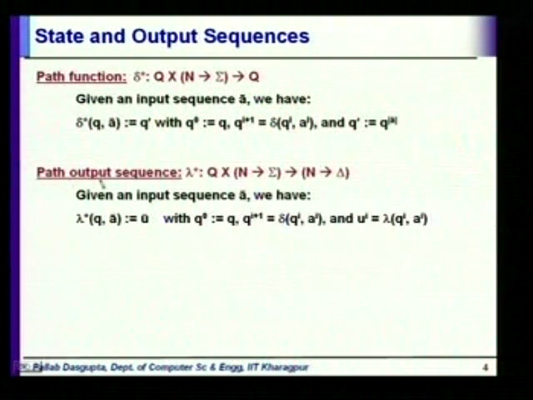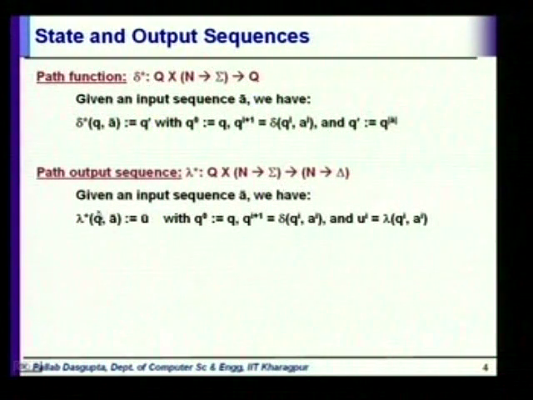We also define a path output sequence. So, delta star takes an input sequence and the present state and tells us what is the last state at the end of that input sequence, and the path output sequence produces the sequence of outputs corresponding to an input sequence.